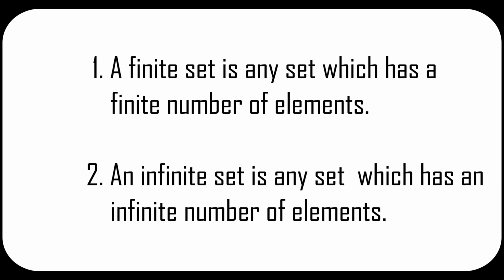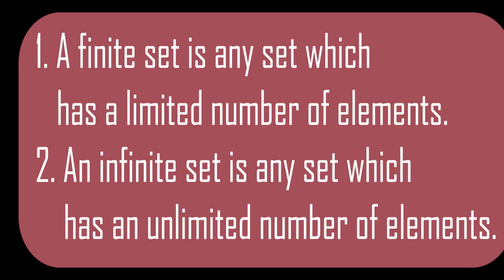A finite set is any set which has a finite number of elements, whereas an infinite set is any set which has an infinite number of elements. But if we don't want to use the words finite and infinite, we can say a finite set is any set which has a limited number of elements, while an infinite set is any set which has an unlimited number of elements.